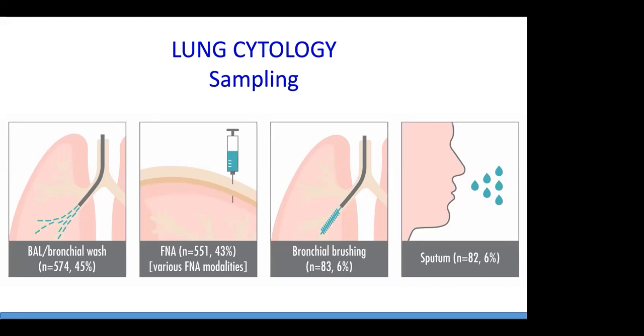We can sample lung lesions in different ways. For example, using bronchoalveolar lavage or bronchial wash, fine needle aspiration cytology, bronchial brushing, or in the old times, the cytology of the sputum.